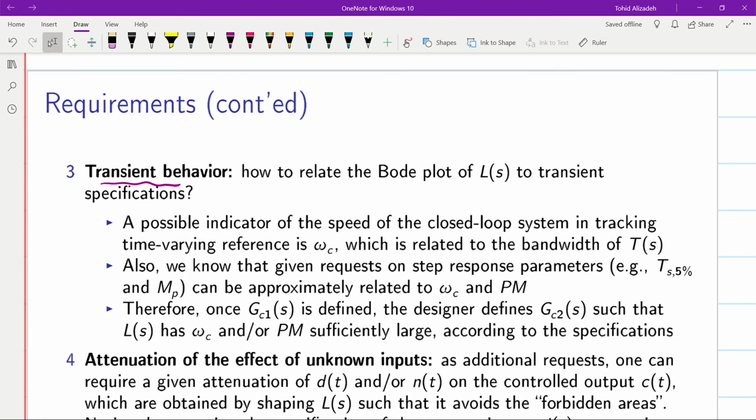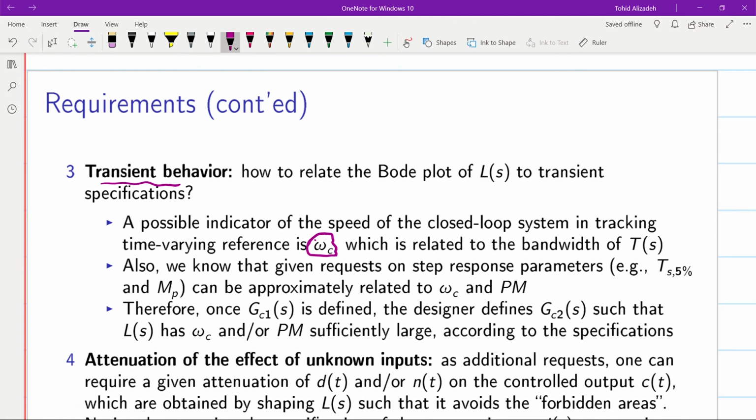When we talk about the transient behavior, we should indeed consider how the transient step response parameters are related to the Bode plot of the L of j omega. One thing to consider is that a possible indicator of the speed of the closed loop system in tracking the time varying reference is omega c.